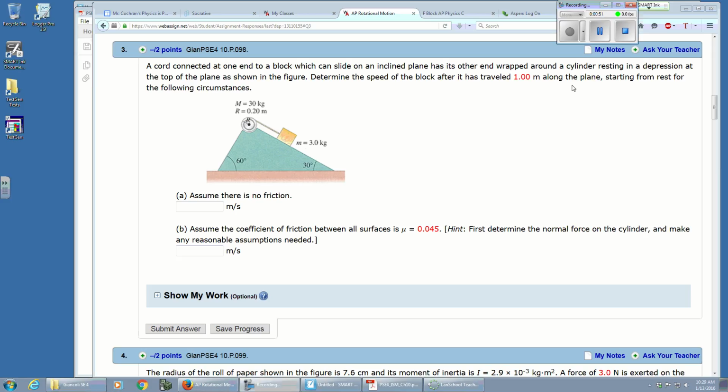So we can look at the amount of gravitational potential energy it has at the beginning, and the change in that gravitational potential energy will be equal to the amount of kinetic energy both the block and the cylinder and actually the rope gain after this movement of 1 meter.